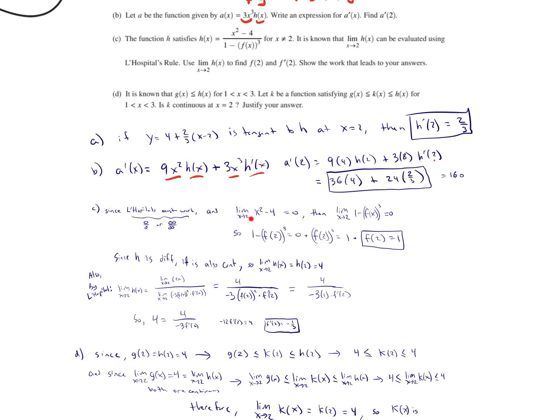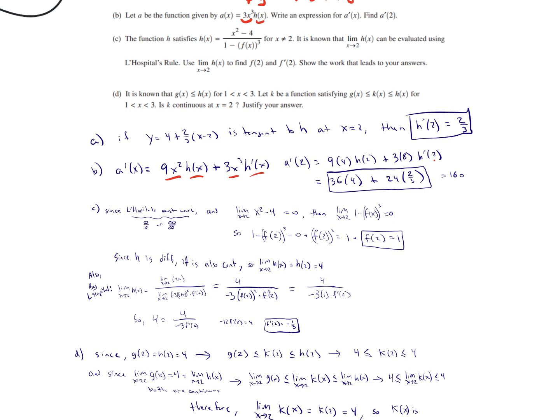If the limit of the top equals 0, then the limit of the bottom must also equal 0. So when I plug in 2, it's going to equal 0. That means I can solve for f of 2, and you get f of 2 is 1. Okay, I've already found f of 2. That's probably a point. Great. We're collecting points.